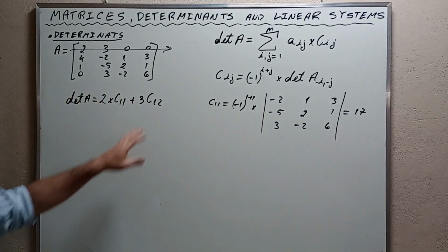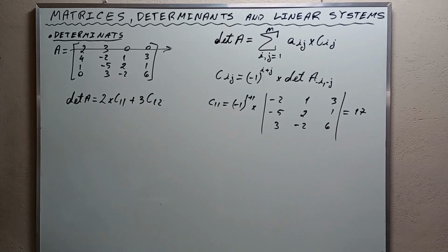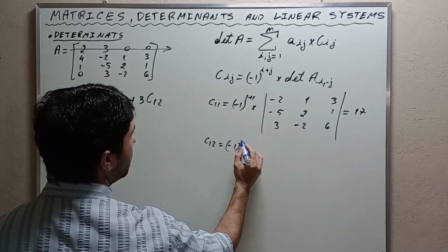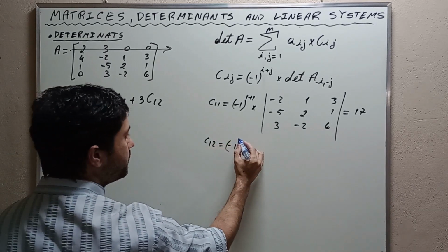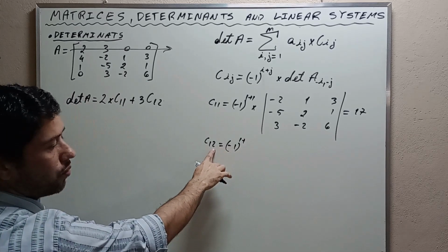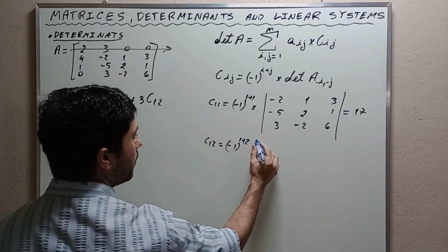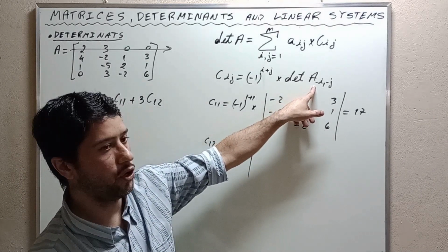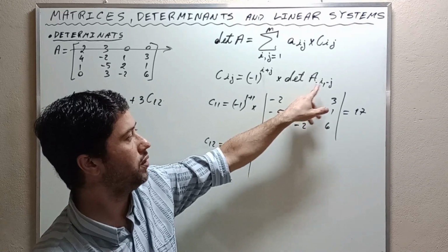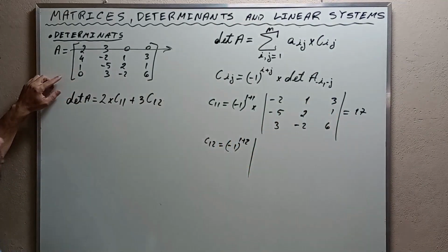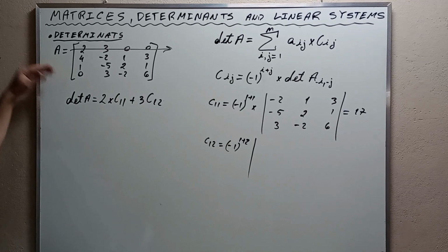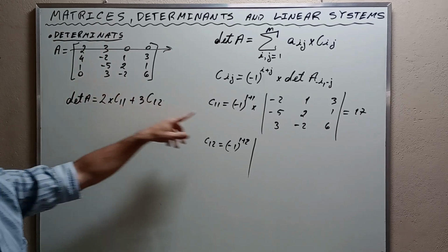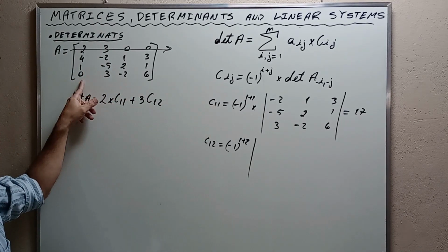We are going to do the same for cofactor C12. Cofactor C12 is going to be negative 1, row 1, column 2, times the determinant of the matrix that results from the removal of row 1 and column 2. We go back to the original matrix and remove row 1 and column 2. For cofactor C11, we removed the first column.